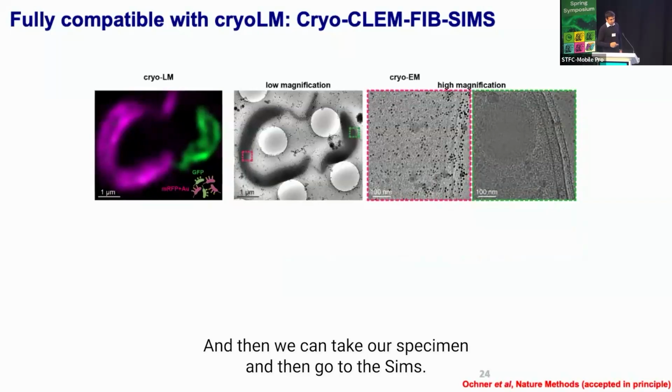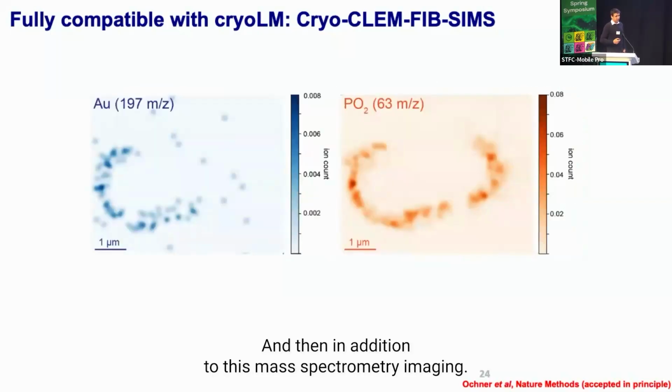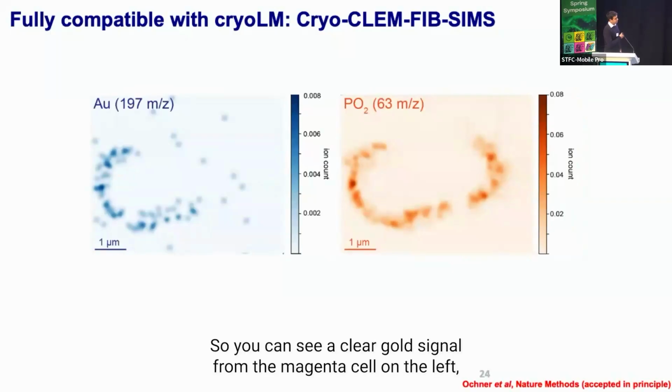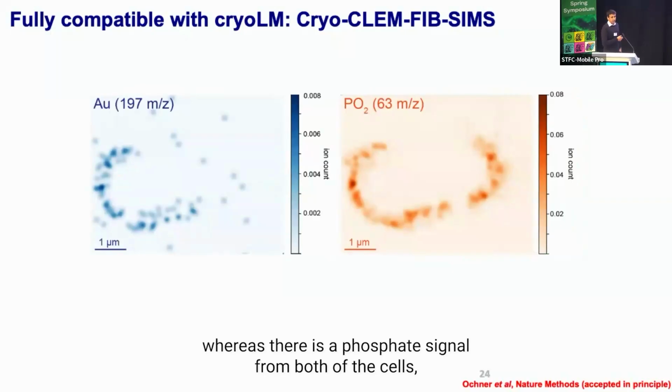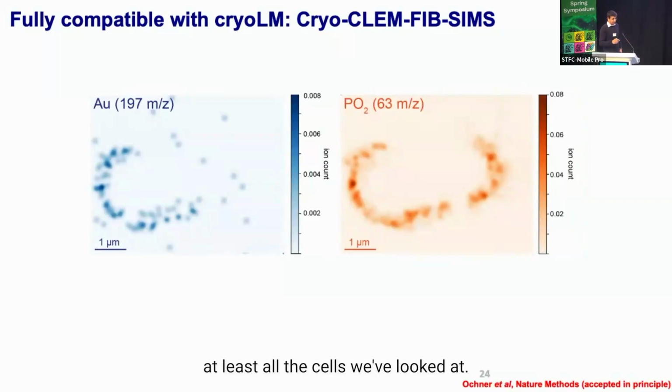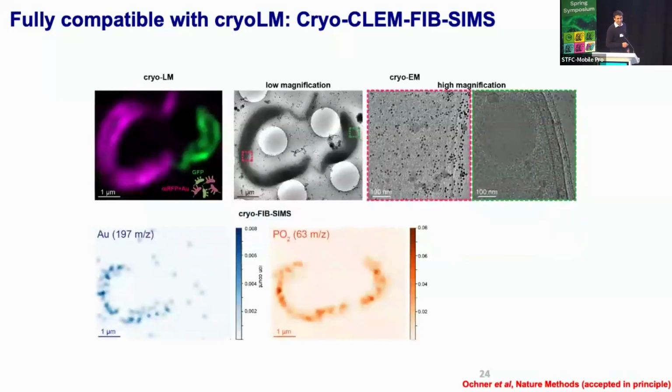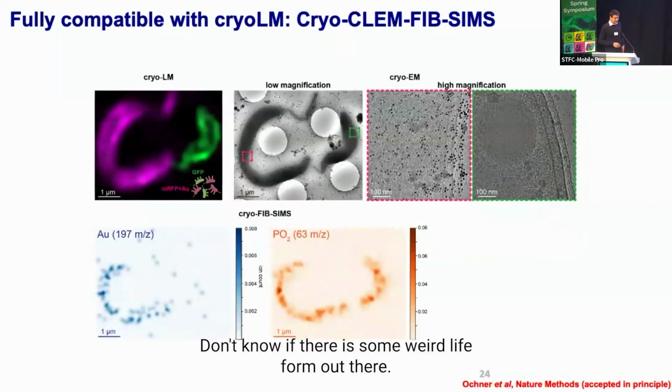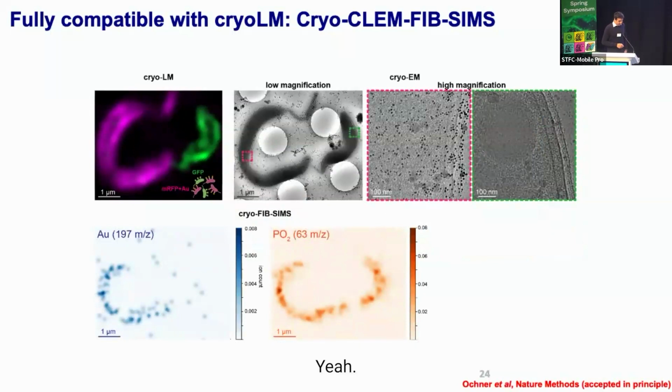And then we can take our specimen and go to the FIB-SIMS, and in addition, do this mass spectrometry imaging. You can see a clear gold signal from the magenta cell on the left, whereas there is a phosphate signal from both of the cells, as you would expect, because all cells contain phosphate, at least all the cells we've looked at. I don't know if there's some weird life form out there.